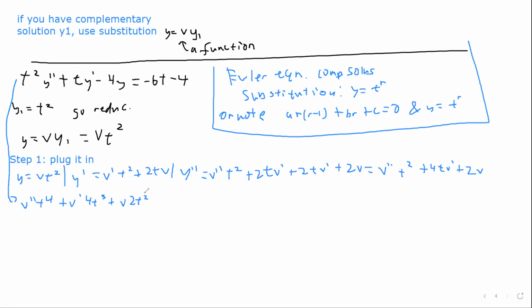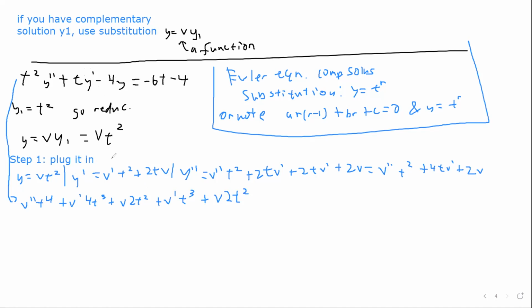Then for t y prime, we'll plug in y prime. So this is plus v prime t cubed plus v 2t squared. So I plugged y prime into t y prime.